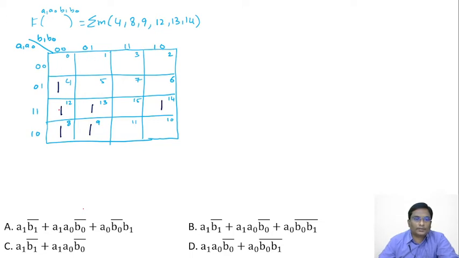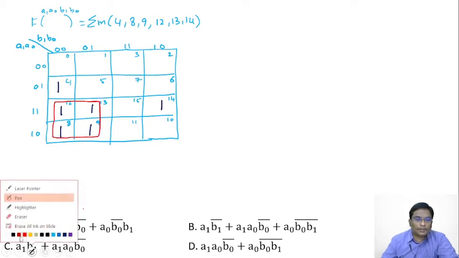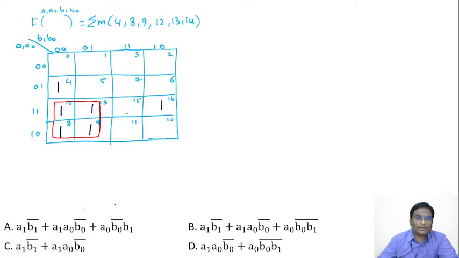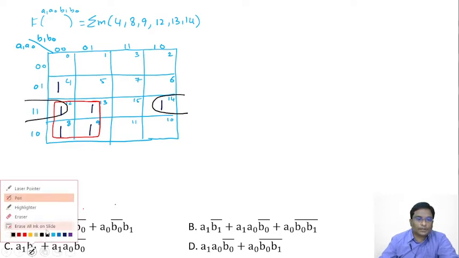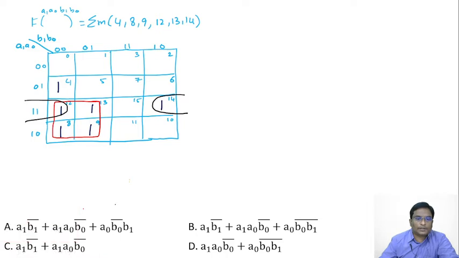No. 8, no. Then you have a quad here, which you can group. Next, which thing can you group here? We can group this one, and this one, and consider them as 2. Similarly, you can consider this.